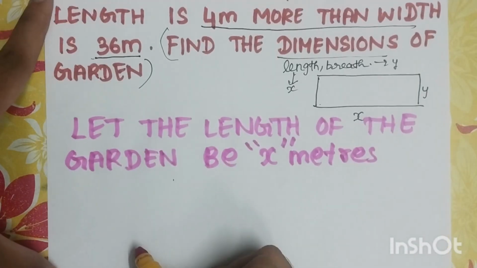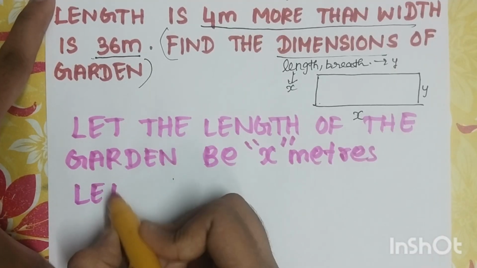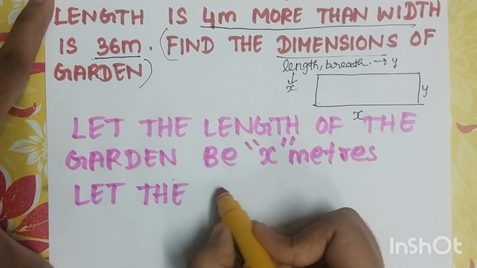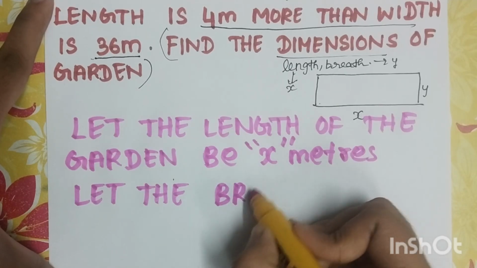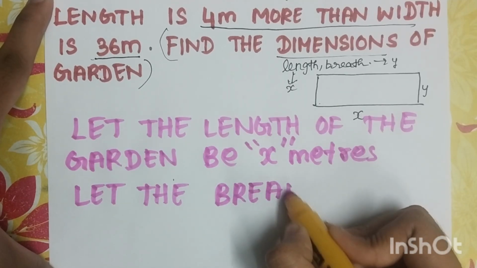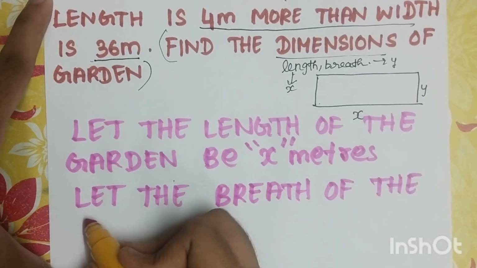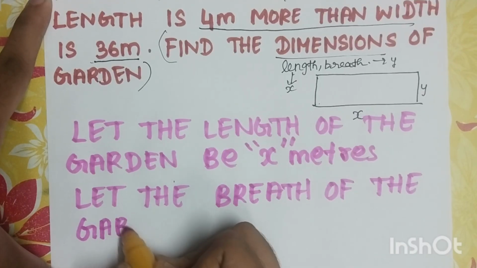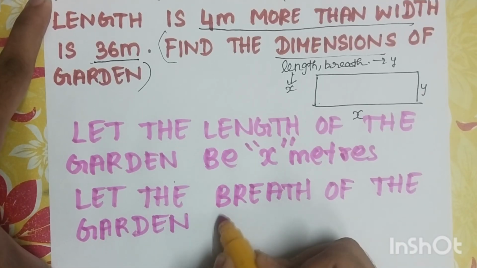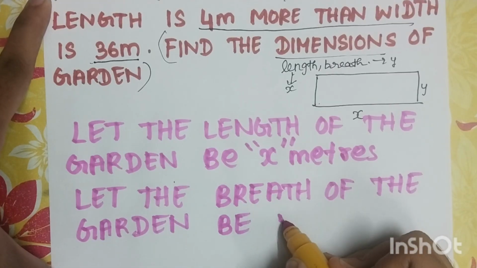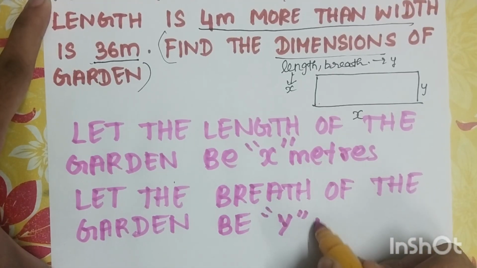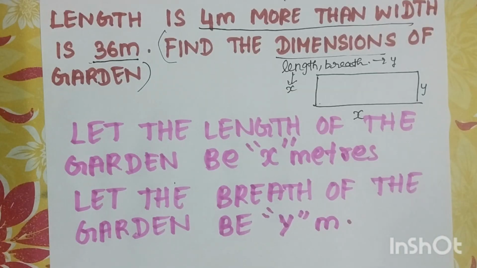So it is x meters, and let the breadth of the garden be y meters. Clear? So now we have written our first step, which is the let statement for any word problem.